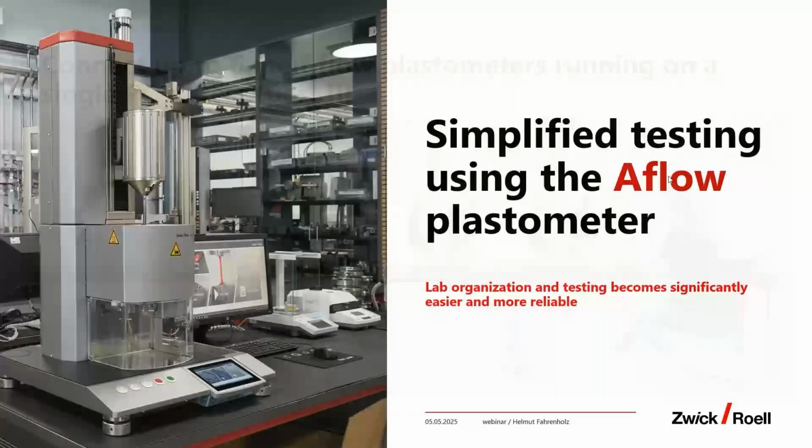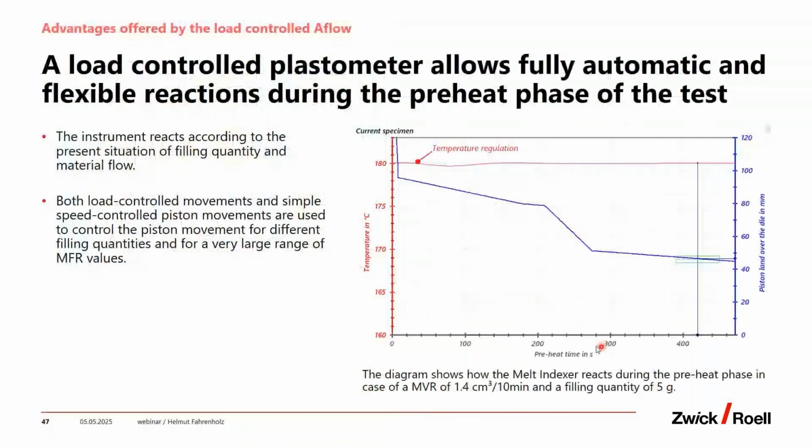Last but not least, let me explain a little bit about the Aflow and the simplified testing. I would like to show you something. We already know this type of diagram: the temperature here, and the blue is the piston length, so the distance of the piston over the die.